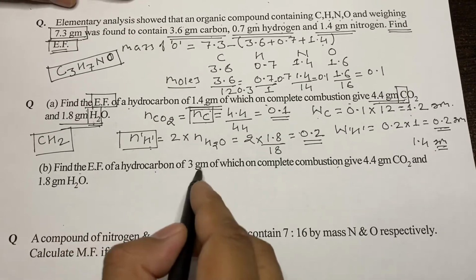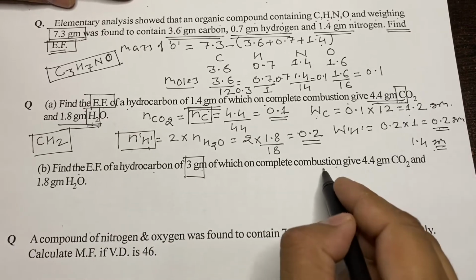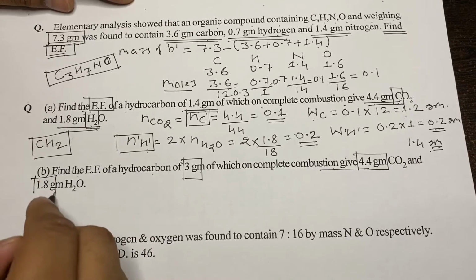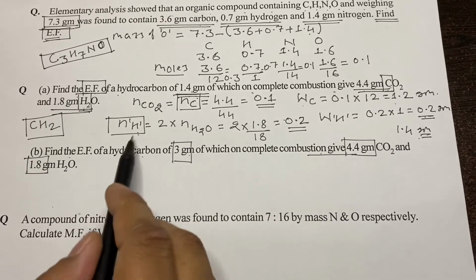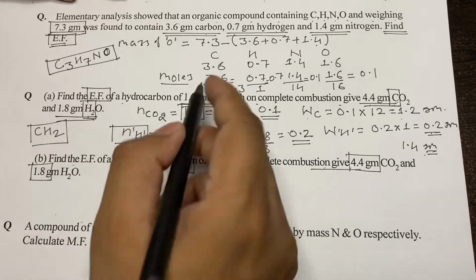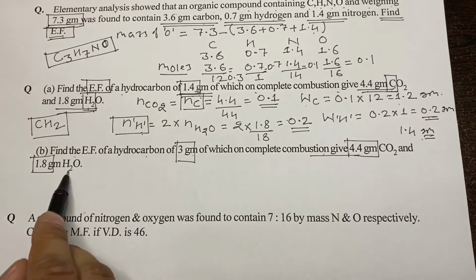Find the empirical formula of a hydrocarbon in which the amount is given as 3 gram, which on complete combustion gives 4.4 gram of CO2 and 1.8 gram of H2O. So when you observe the data in the A part and B part, the amount of hydrocarbon has changed while the amount of CO2 and H2O is the same.